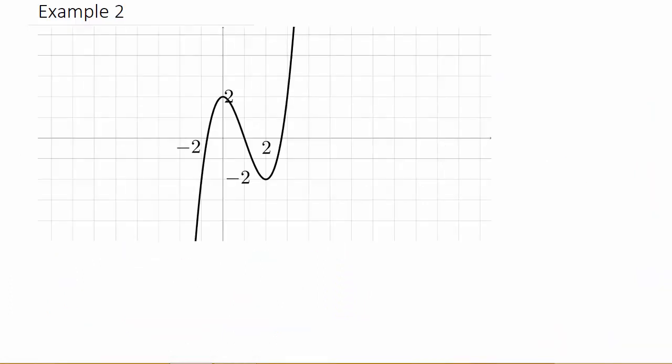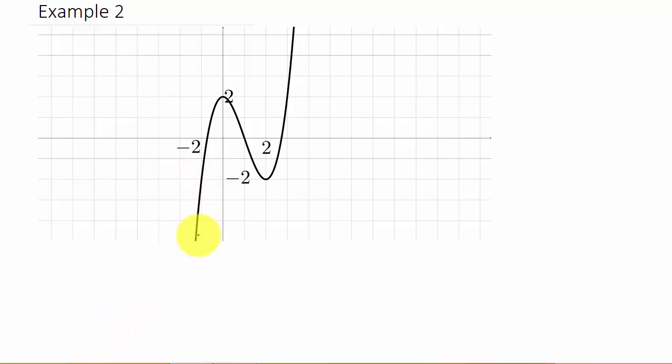Alright, so let's look at this one. Here's a good one. Let's highlight it a little bit and see where this is increasing. Remember, we go from left to right. This thing is going down forever, but it's also going to the right, real slow, but it is.